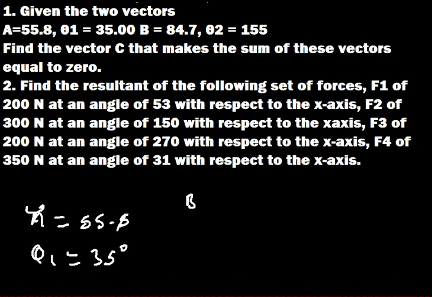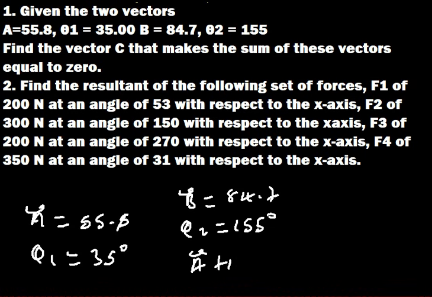And we have the vector b, which is given as 84.7, acting at an angle theta 2, which is 150 degrees, should be 151 degrees. We should find the vector c, such that the summation of the 2 vectors is equal to 0. So use the same principle that we have recently discussed.